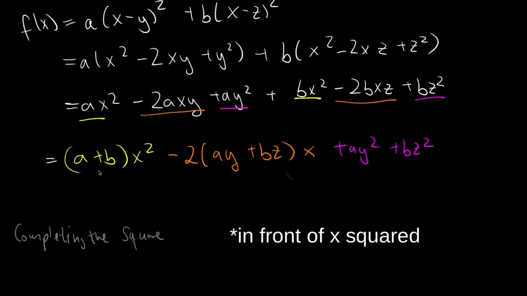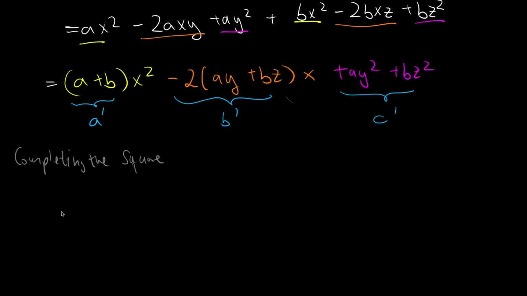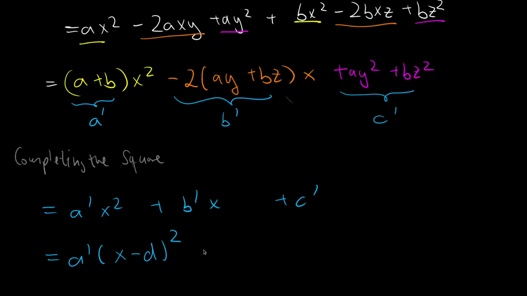The coefficient in front of x was called b prime, and the constant term was called c prime. So we're getting the equation a prime x squared plus b prime x plus c prime. We know we can form this into standard form a prime times (x minus d prime) squared plus e prime.